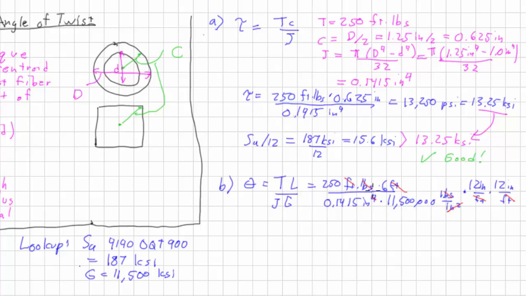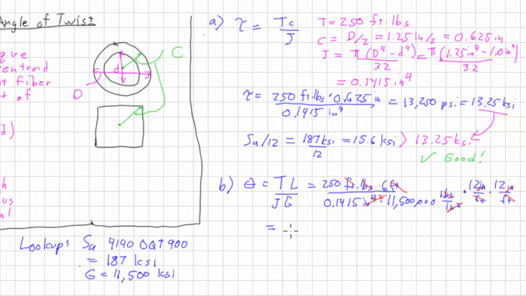So that cancels out to 2, and then I've got inches here and inches here. I've got 2 of them up there, 2 of them down here. They cancel out, bam, bam, and we end up with a unitless value, which is exactly what we wanted, which is radians. Radians is a unitless measure of angle.